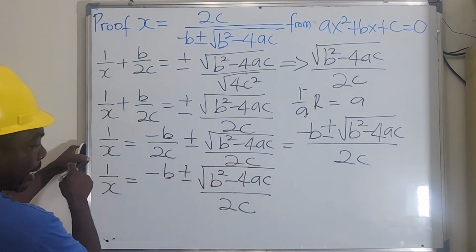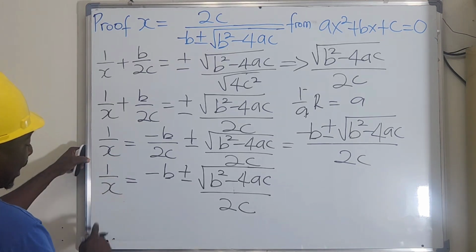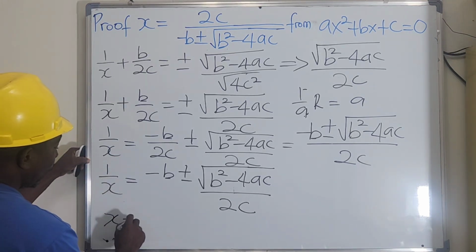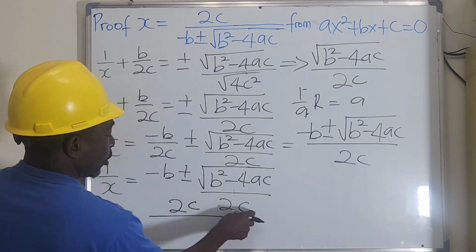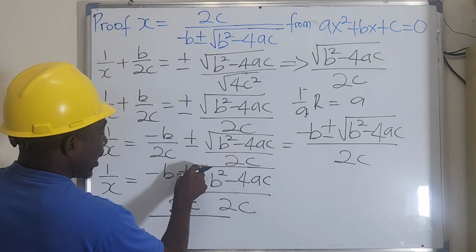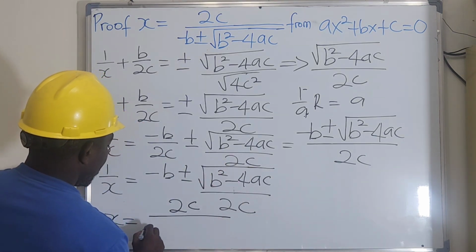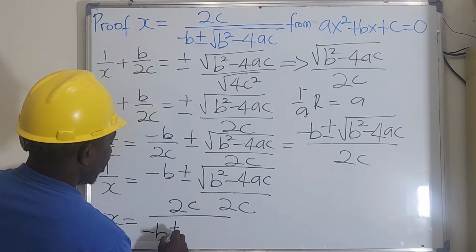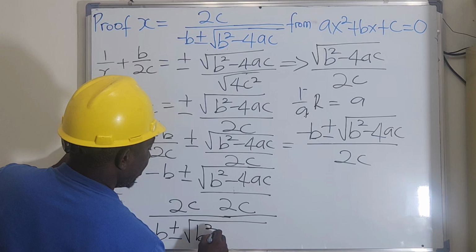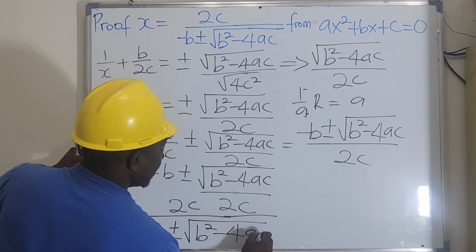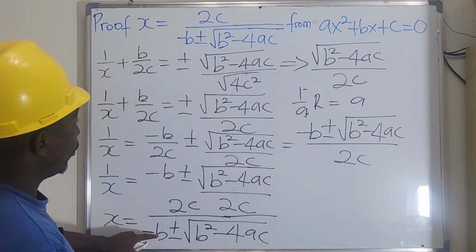But for us to find it directly, we have x equals to 2c all over, because the 2c will go up and the whole of this one will come down. So we have minus b plus or minus square root of b squared minus 4ac. So this is our new equation.